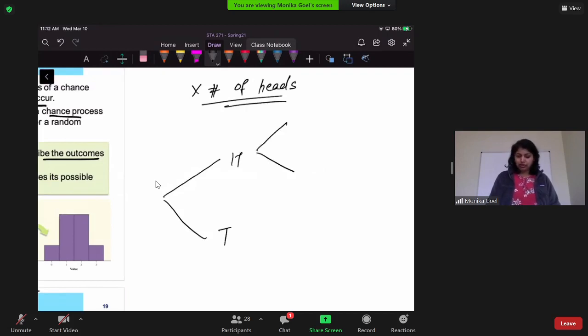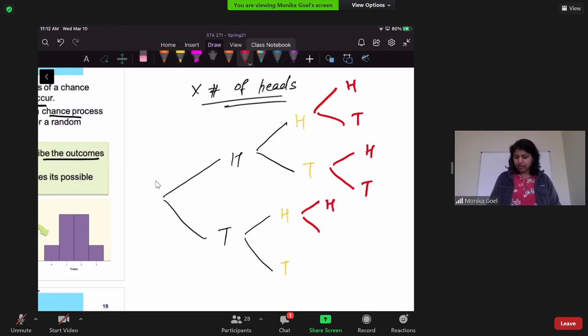Same thing, you toss it again, head or tail again, and then toss it 1 more time, head or tail. And if you have a tail in the first trial, you get head or tail, and if you have a head in the second trial.